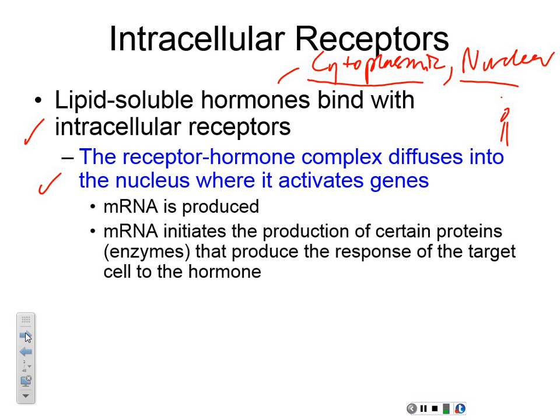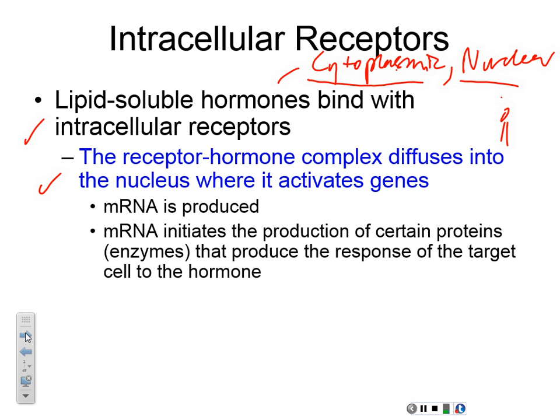Okay, so if you have a lipid soluble hormone that is totally non-polar, it is just water-hating, hydrophobic, right? So that one might attach to a cytoplasmic receptor, because the cytoplasm is, after all, what? Aqueous. It's all water.